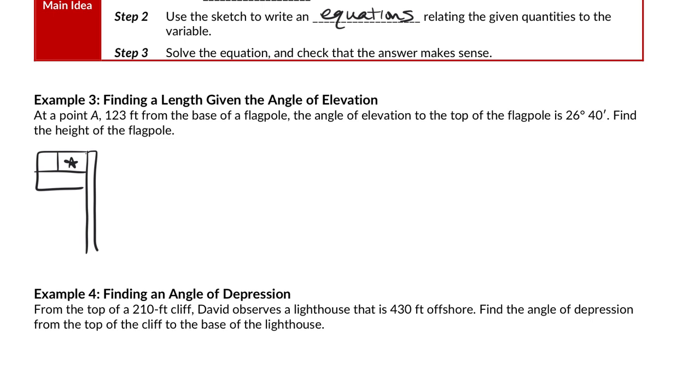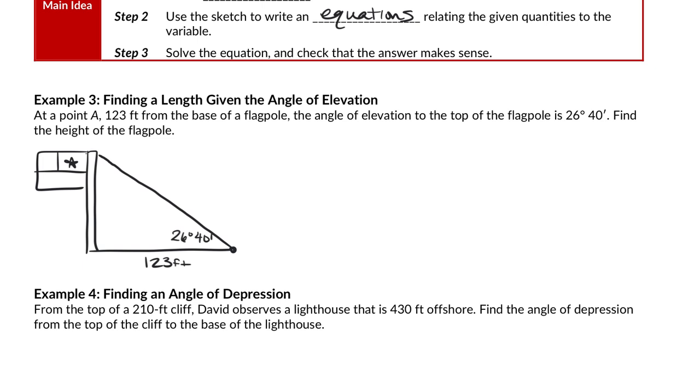It says at point A, which is 123 feet from the base of the flagpole, an angle of elevation to the top of the flagpole, which means from here upwards, that angle is 26 degrees, 40 minutes. Find the height of the flagpole.